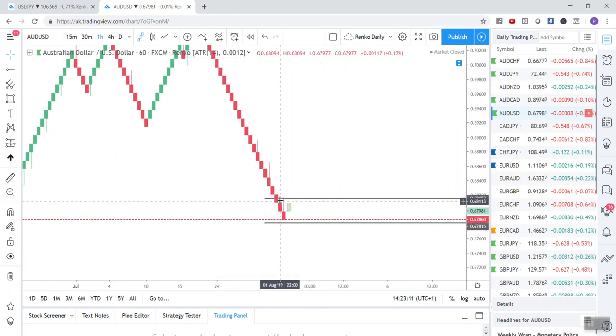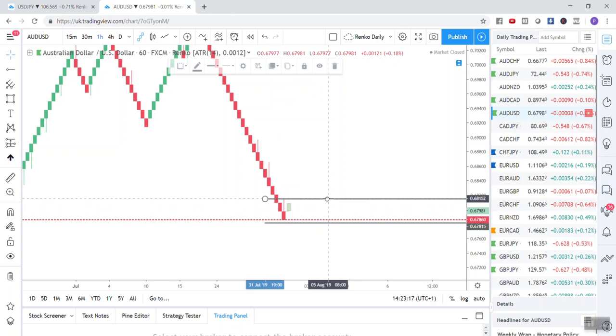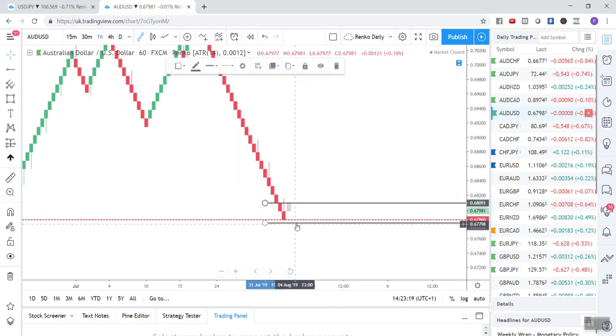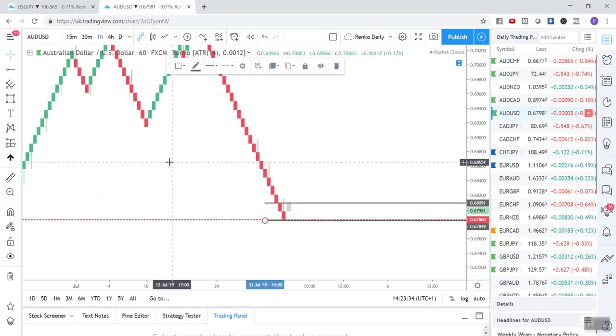Okay, so we have our swing low. Red, red, green. Now, remember this hasn't happened yet, but this is what we would be looking for to happen, is this green Renko, which signifies swing low and then a continuation up.